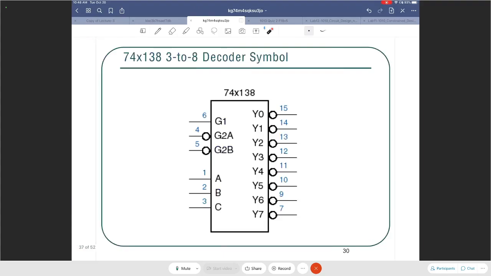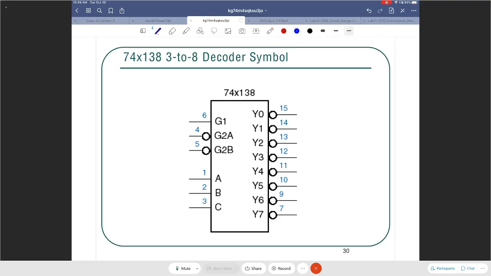Let's move on here. All right, so you have 74X138, the same configuration here. 3 enables, one of them active high, 2 of them active low, active high inputs, active low outputs. So what we'll do here is I will give you guys a certain combination of inputs and you tell me this.